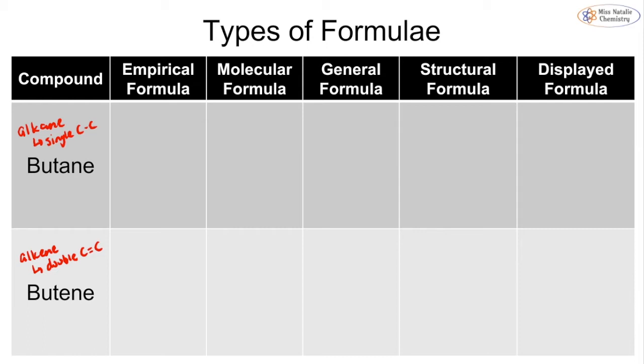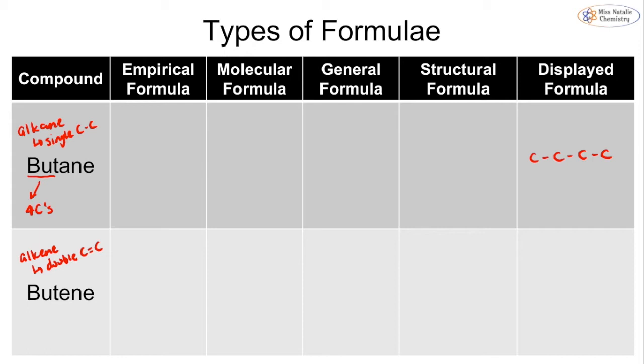So what we're going to do is write out the displayed formula first of all, and then we'll work our way back. So when we have this "but", that tells us that we have 4 carbons. So I'm going to draw out 1, 2, 3, 4 carbons. Now, because these are all single bonds, I have no double bonds here.